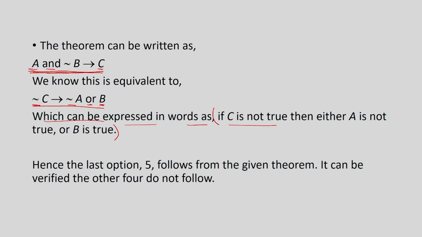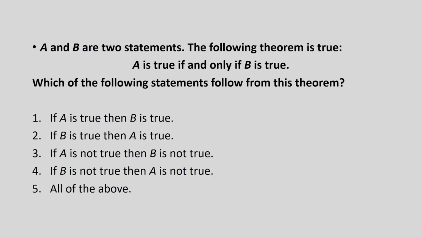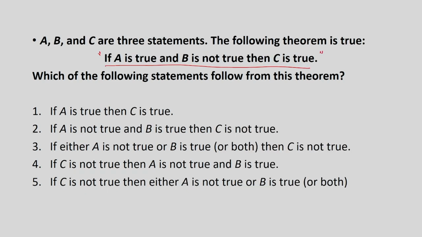If C is not true, then either A is not true or B is true. Okay, so that is the thing that we have to see. And actually, if you inspect all these 5 options, then it is there in number 5.